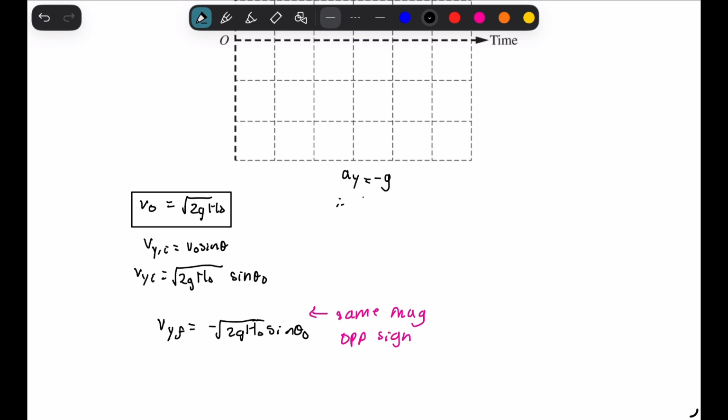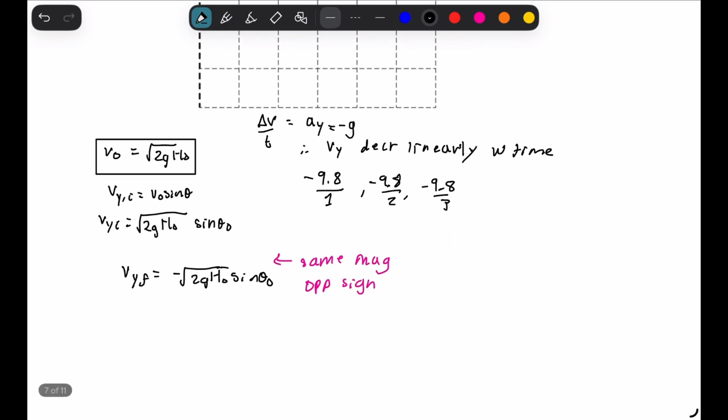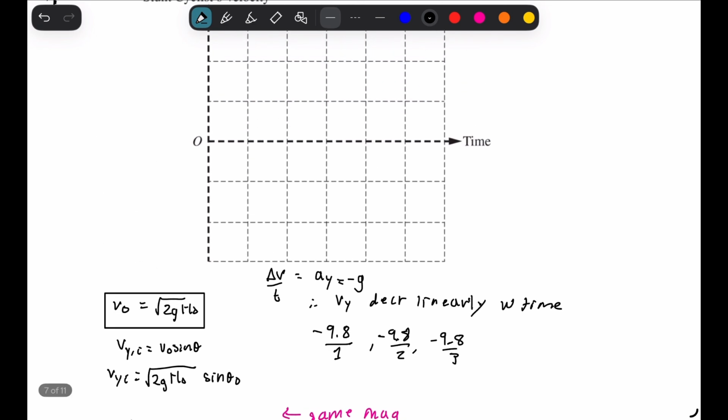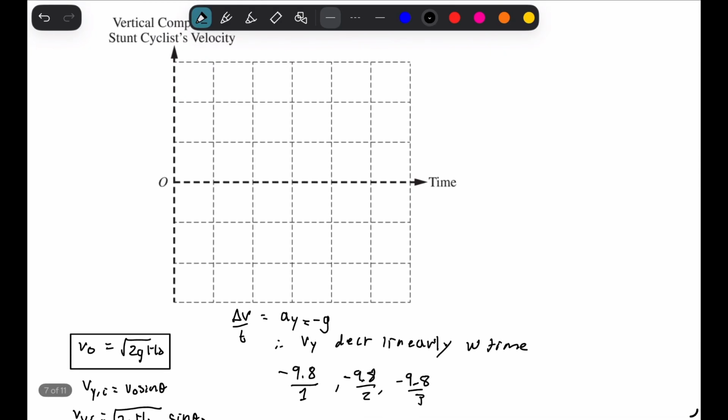Therefore, that means that vy decreases linearly with time. As a reminder, a is equal to delta v over t. Therefore, if you have it always equal to negative 9.8, you keep dividing it by numbers, let's start off with 1, and then negative 9.8 over 2, negative 9.8 over 3. It's linearly going to decrease as our x values get bigger. Therefore, what we can do is graph a straight line with a slope of negative g.